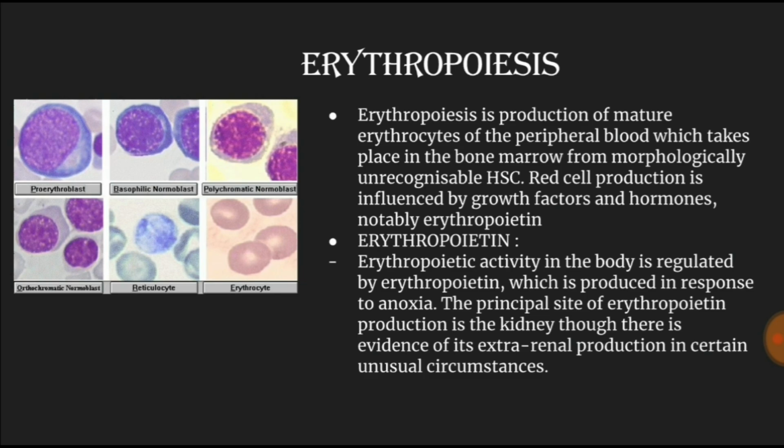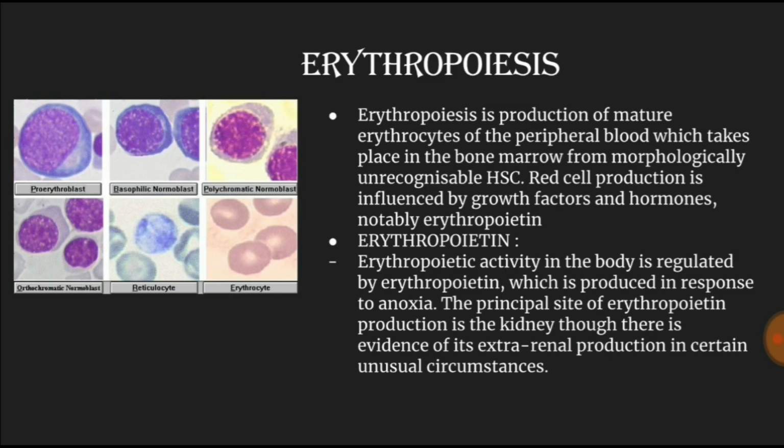Then erythropoietin. Erythropoietin is the hormone that regulates the production of RBCs. The erythropoietic activity regulated by erythropoietin is triggered when there is anoxia, that is breathlessness or low oxygen content in the body.